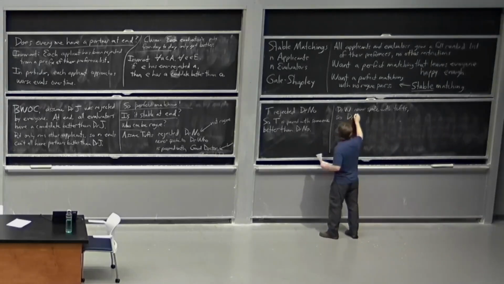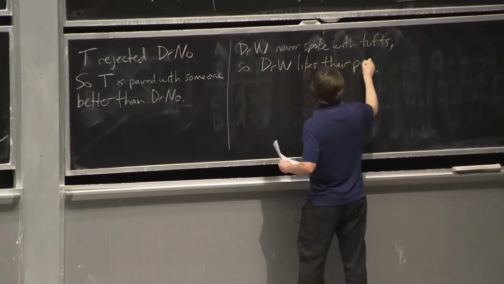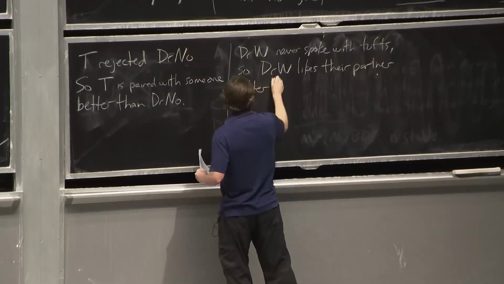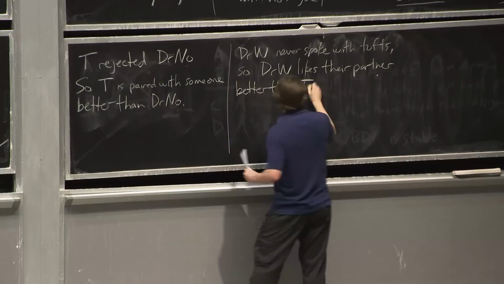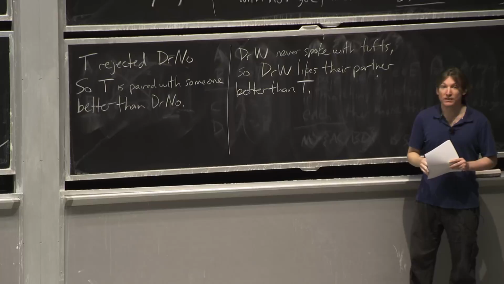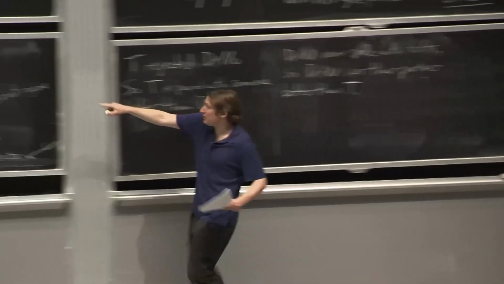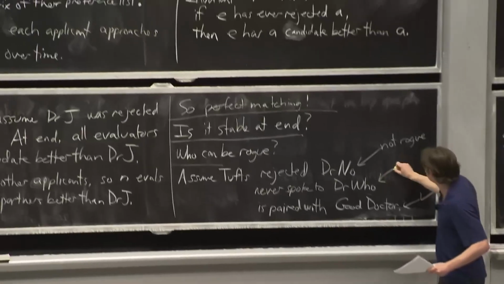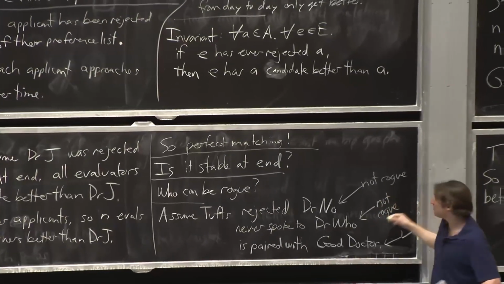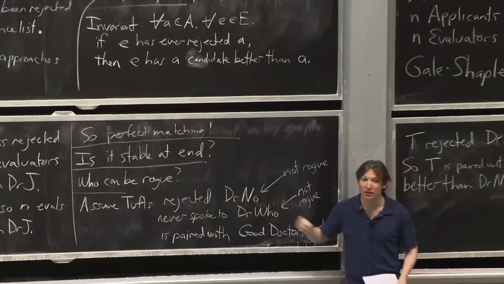So Doctor Who likes their partner better than they like Tufts, right? And therefore, Tufts with Doctor Who can't be rogue, because this time it's Doctor Who who's happier with their assignment than they would be with Tufts.